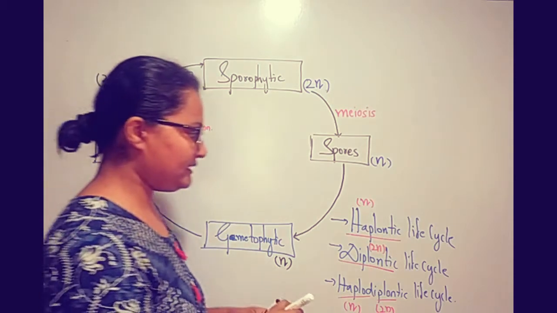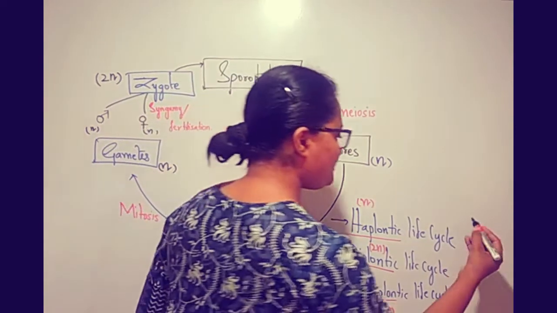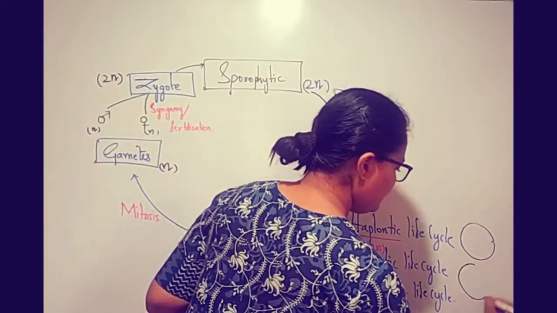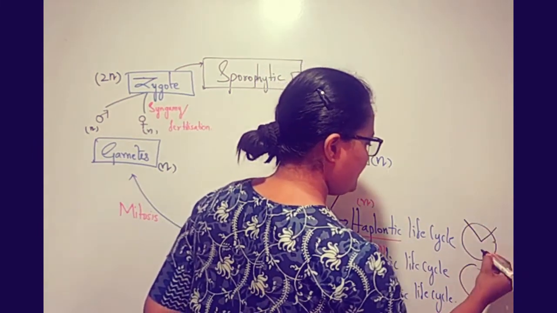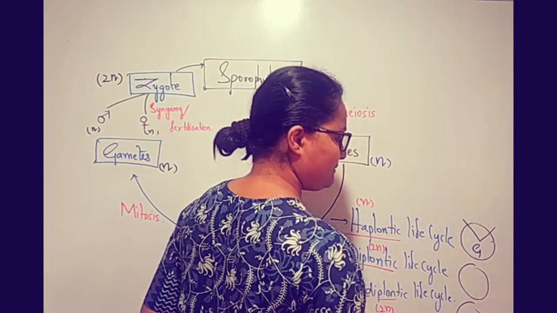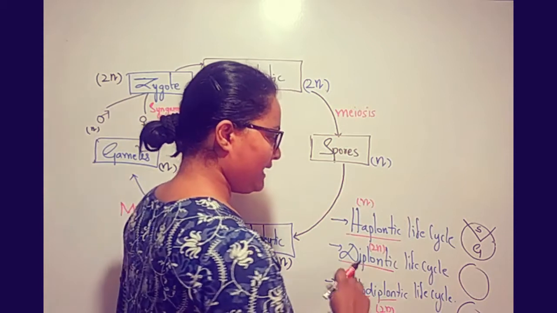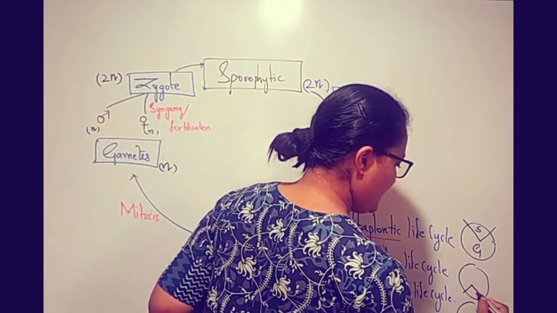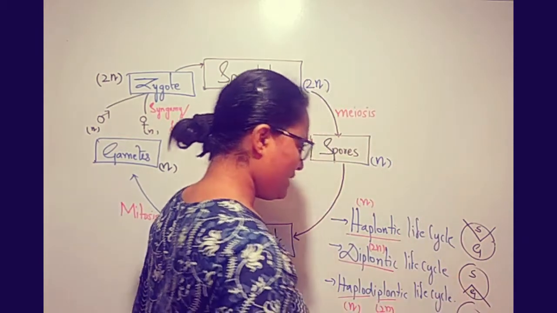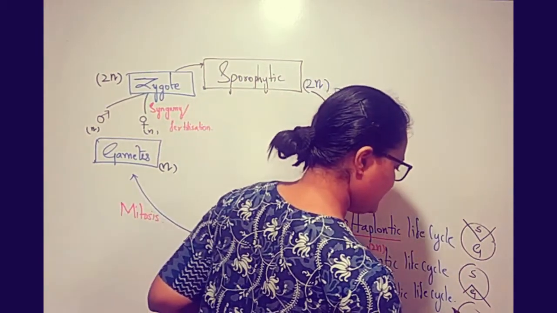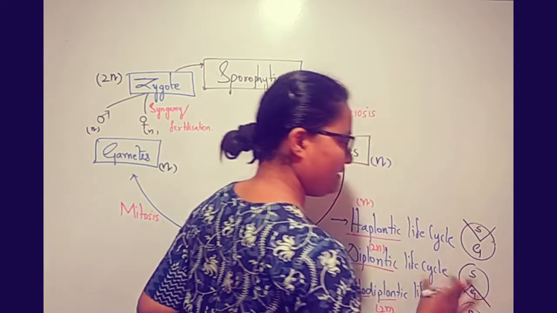Based on percentage, in haplontic the gametophyte is the maximum one and the sporophyte is short-lived. In diplontic, the gametophyte is short-lived and the sporophyte is long-lived. In haplodiplontic, they have equal percentages.